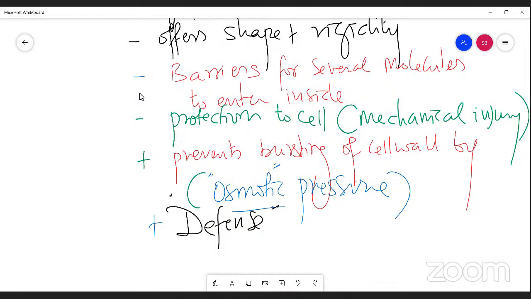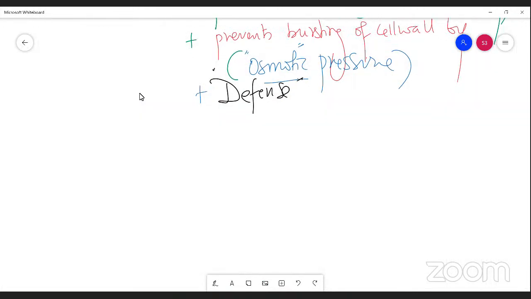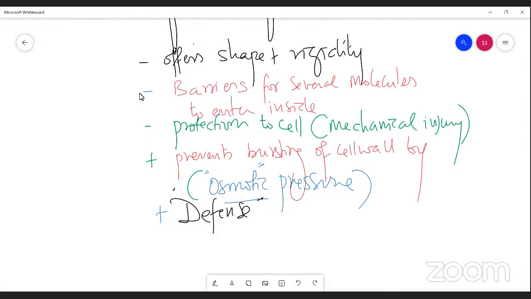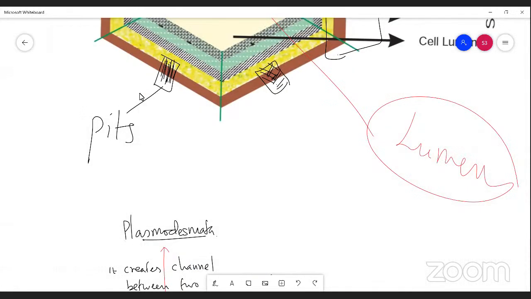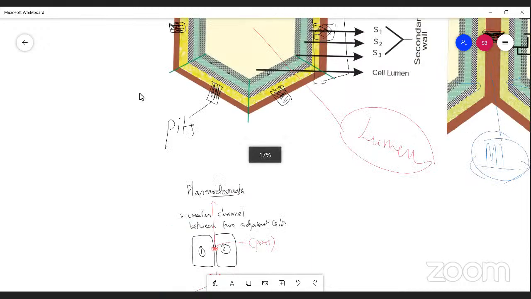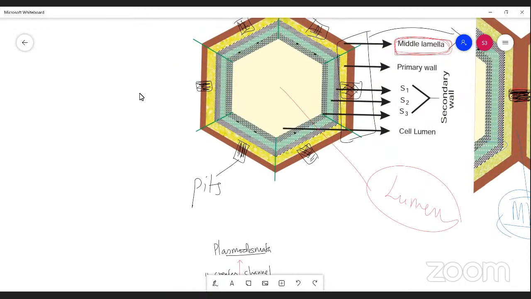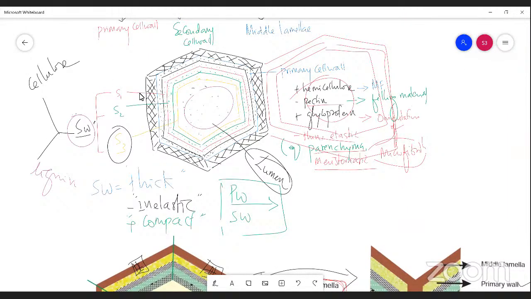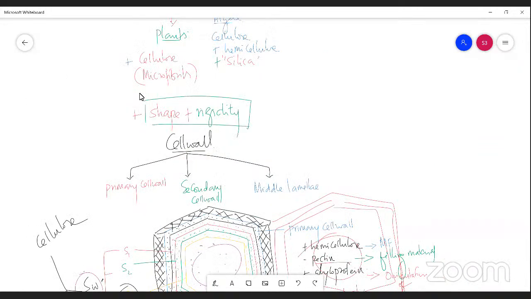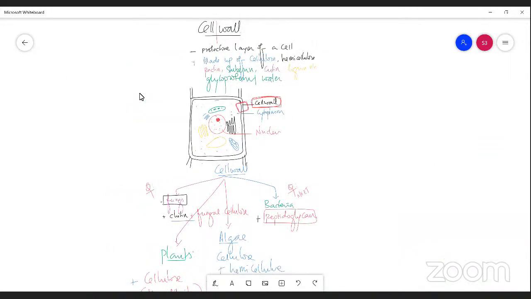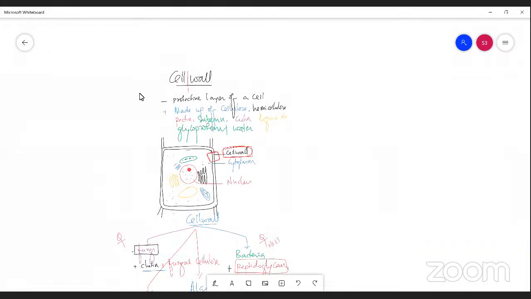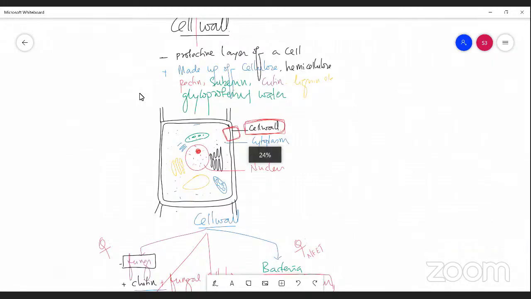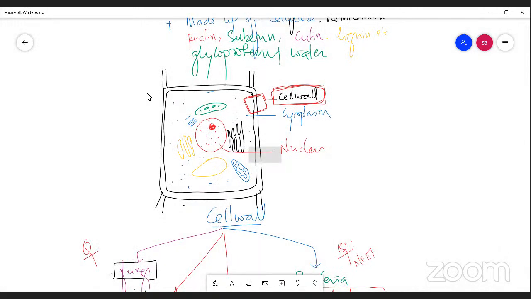Now, could you tell me which is the outermost layer of the cell? Students, are you audible?